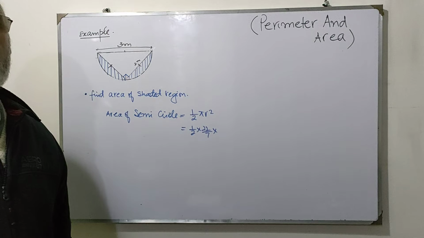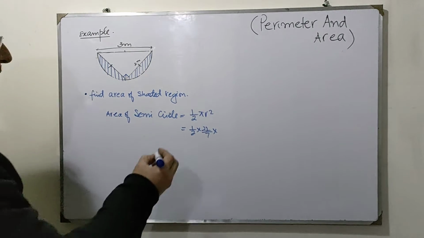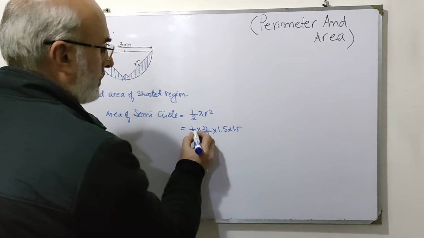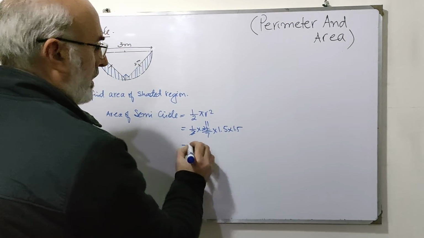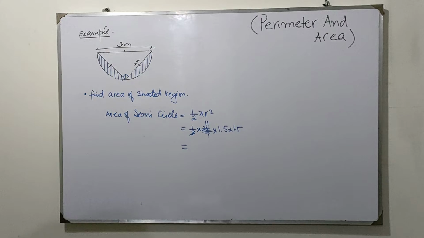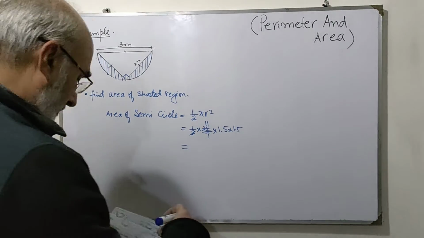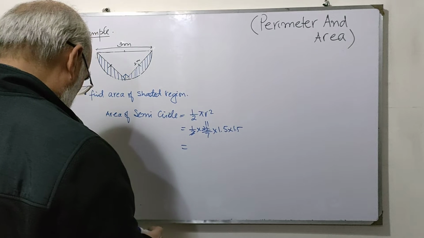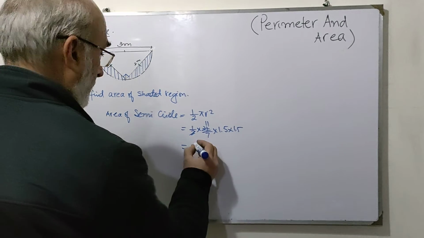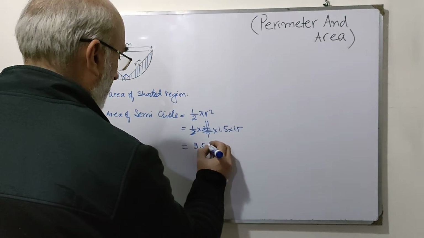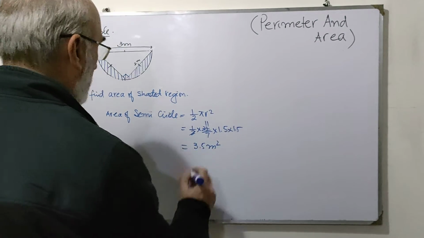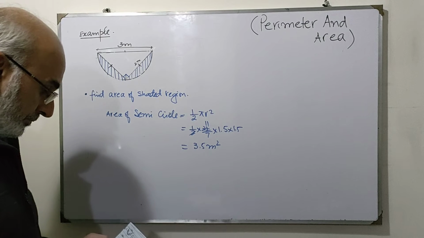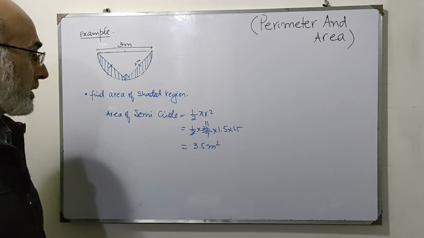So the radius is going to be 1.5 meters, into 1.5. So it is equal to 3.5 meter square. Okay, so we have the area of the semicircle now.